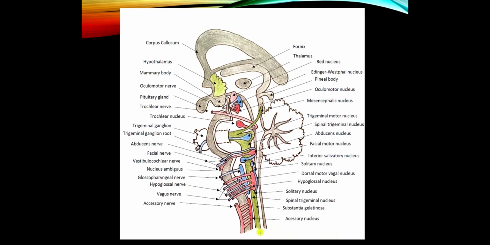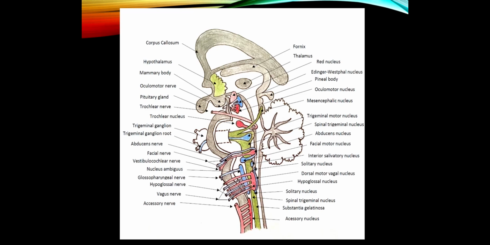First, let's talk about a very large nucleus that in the spinal cord we called the substantia gelatinosa, which remember is pain and temperature for the arms and legs. But notice here as we get up into the brainstem, we now call it the spinal trigeminal nucleus. All of this is the spinal trigeminal nucleus here in green. It really is just a continuation of the same group of neurons.